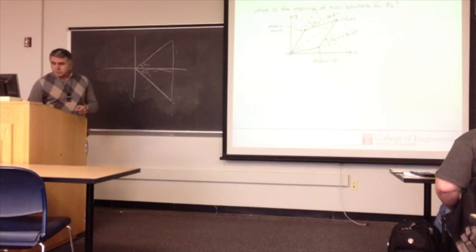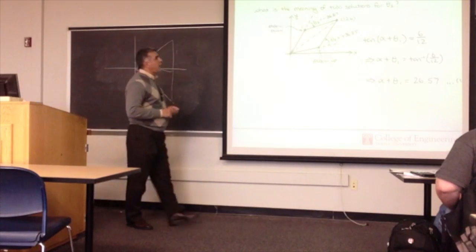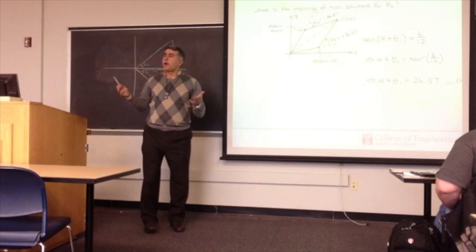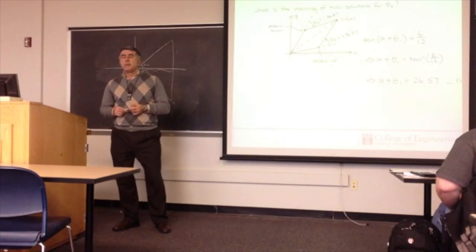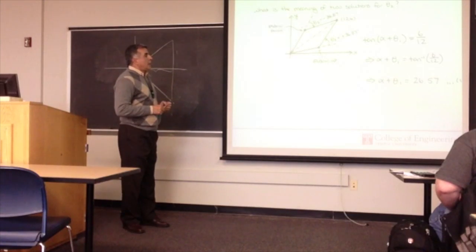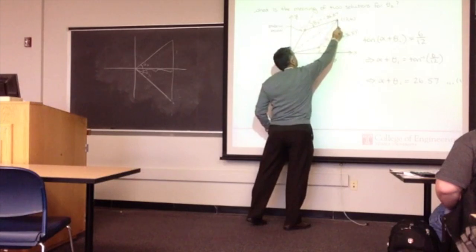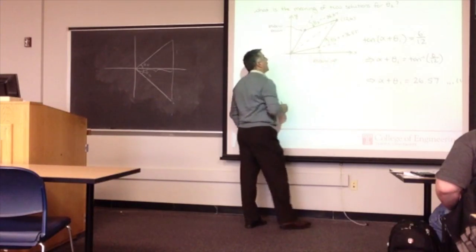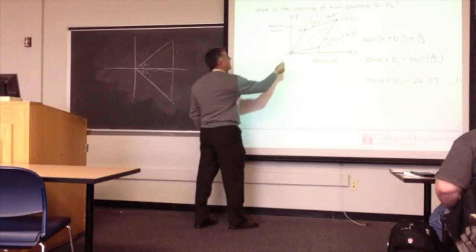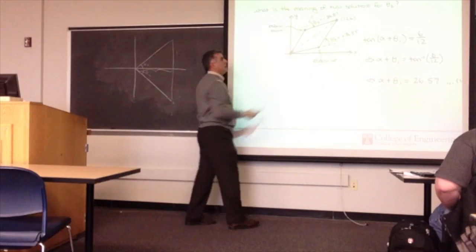So when we are looking at this, I want to find out now what is theta 1. So far we found theta 2, right? But now we want to find out theta 1. Now, looking at this triangle, and if you assume that this little angle is alpha, right?